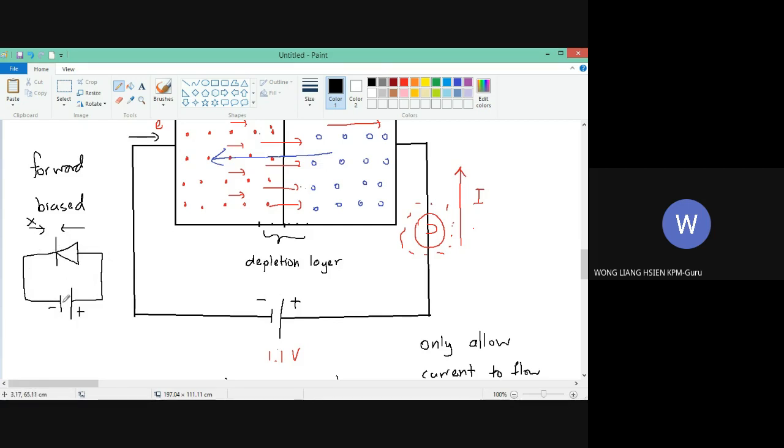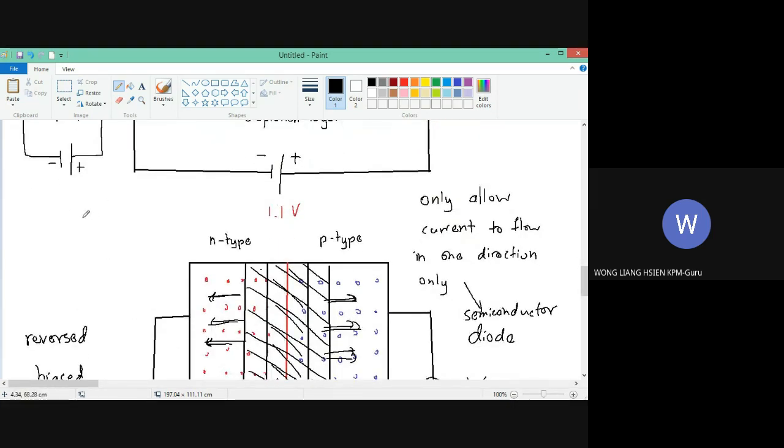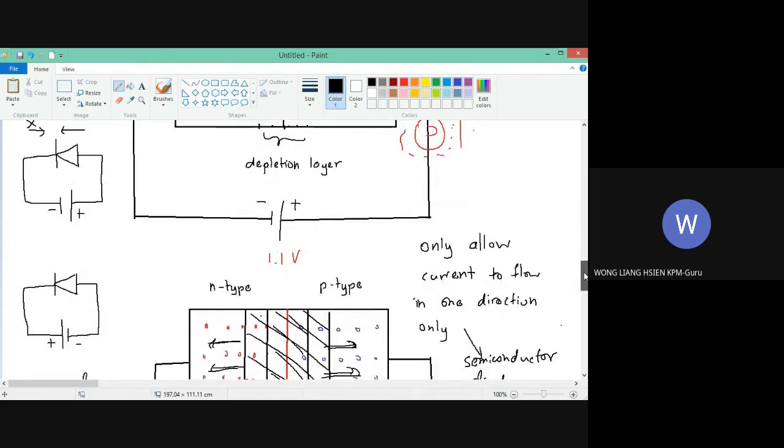If you reverse the connection, or we connect reverse bias, for example like this, this is reverse bias. See, positive current wants to go to negative, cannot. It's blocked here. So this is the electronic symbol for the semiconductor diode.